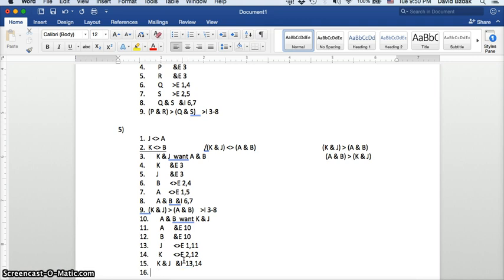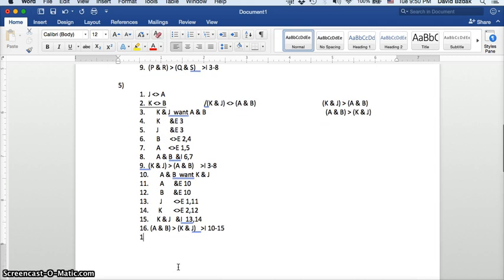Sorry, we go back to the original scope. We got A and B, conditional K and J, by conditional introduction of 10 through 15. That's where we started our indent. That's where we got what we wanted. Okay, last step then is the biconditional introduction rule. So we get K and J, biconditional, A and B, and that's biconditional introduction of 9 and 16.